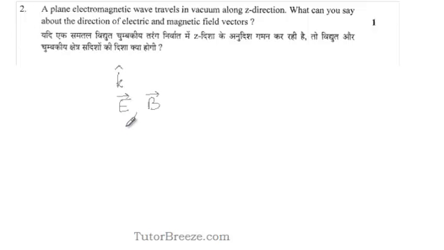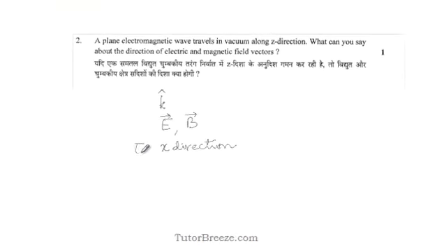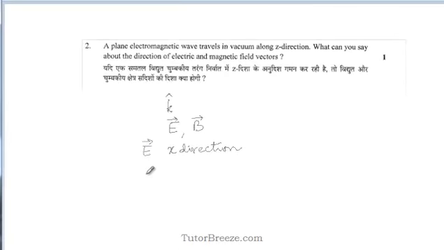So the electric field will be along the X direction, and the magnetic field will be along the Y direction, since they are both perpendicular to the Z direction.